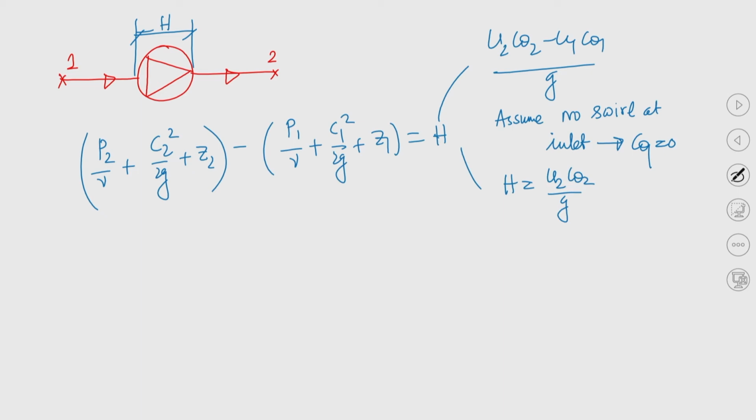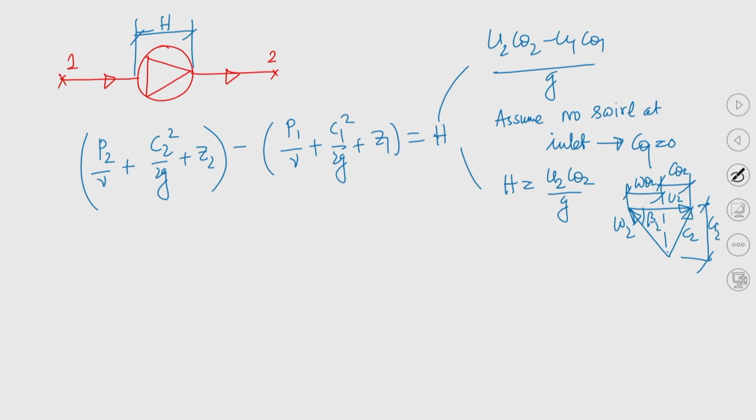Now, for this C theta 2, we draw the velocity triangle again here. That is C2, this is C theta 2, this is W theta 2, this is W2 and this is beta 2, this is U2, this is CR2.